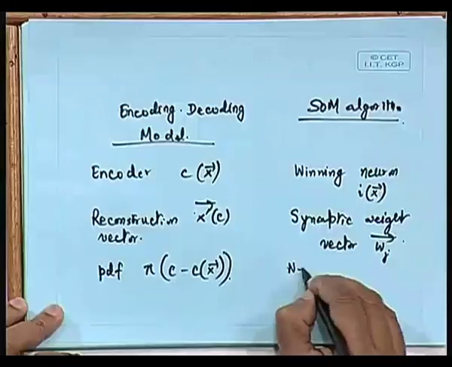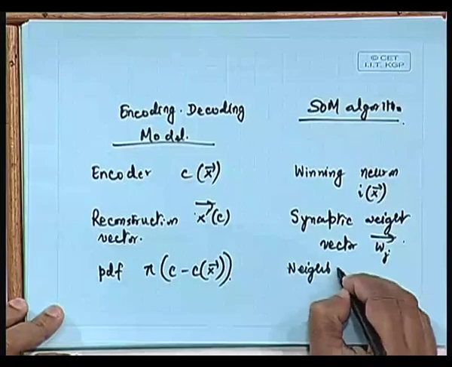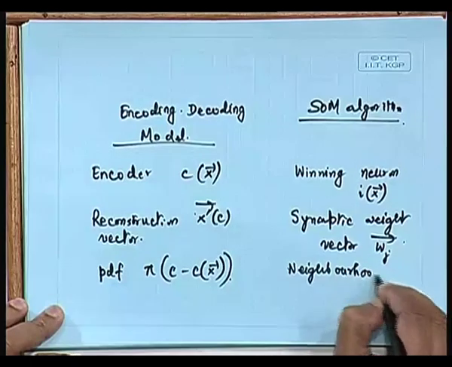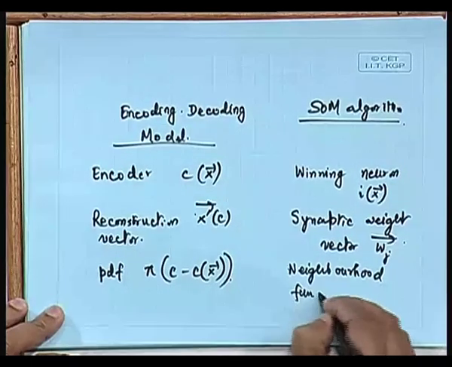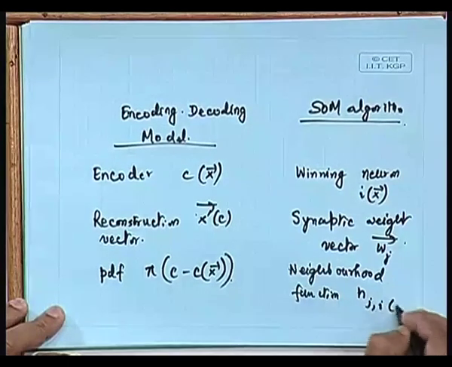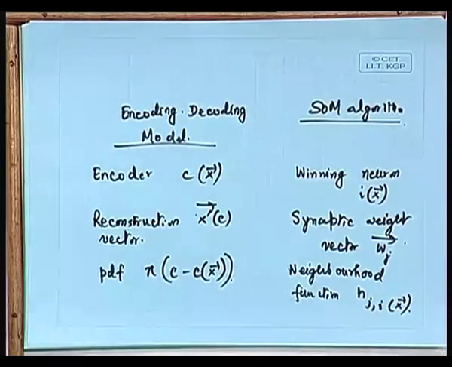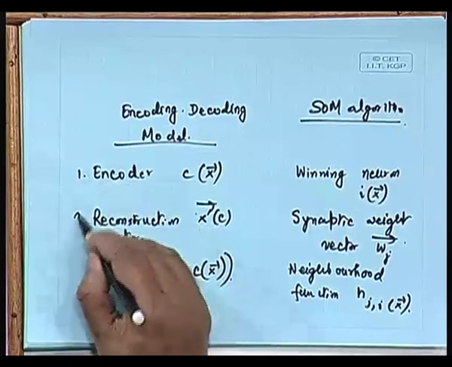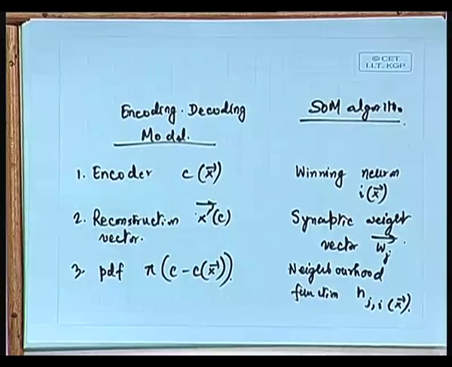Noise means, equivalent to that, there is a neighborhood function, that not only the winning neuron, but we are also exciting the neighborhood of this. So, the equivalent in self organizing map is the neighborhood function h of j I x vector, right. Now, actually these three analogies are highly interesting.